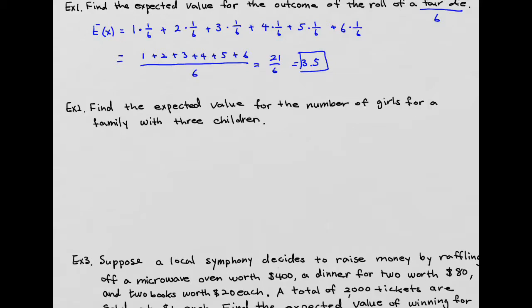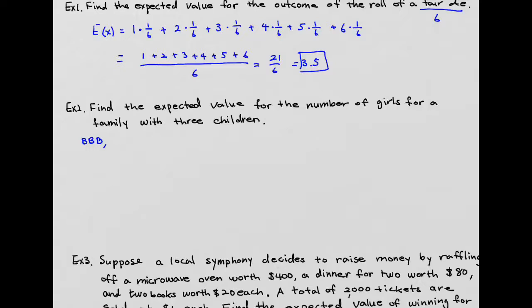Find the expected value for the number of girls for a family with 3 children. So I'm going to start writing what my sample space is going to be. Having 3 children, I could have all boys.